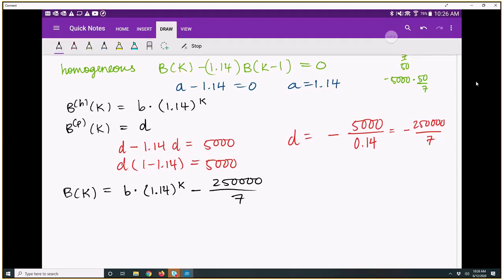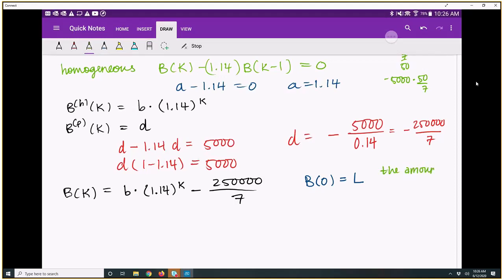So here's where I need my initial conditions. This is a loan, and the thing that I'm trying to solve for is the amount of the loan. So I'm going to say that b of 0 is, I'm going to call it capital L for the amount of the loan.